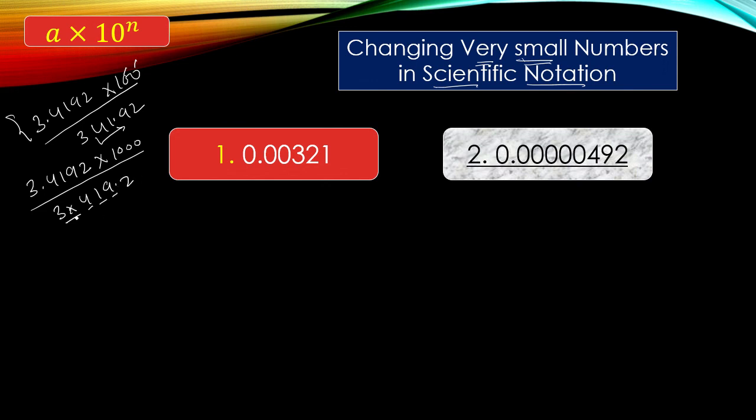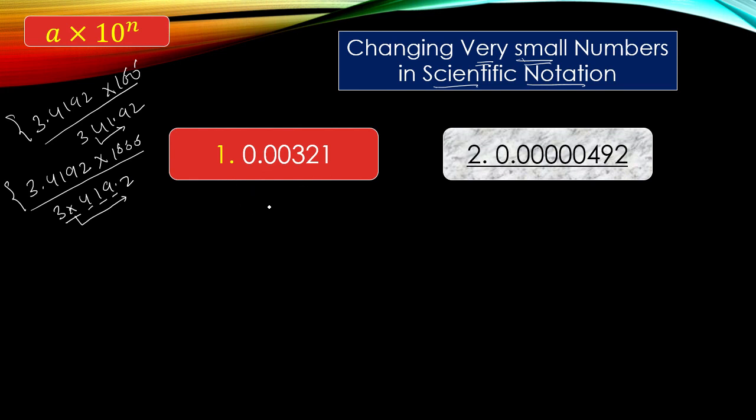Here we are finding the decimal shifted towards right side 3 places. So what is the short key we are finding here? The number is multiplied by 1000 and 1000 contains 3 zeros. That's why the decimal is shifted towards right side 3 places. So this key is useful here for changing the numbers in scientific notations, but numbers should be small.